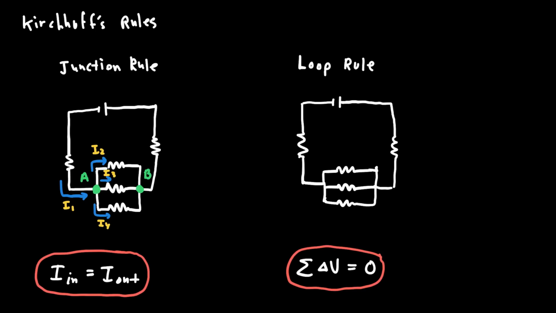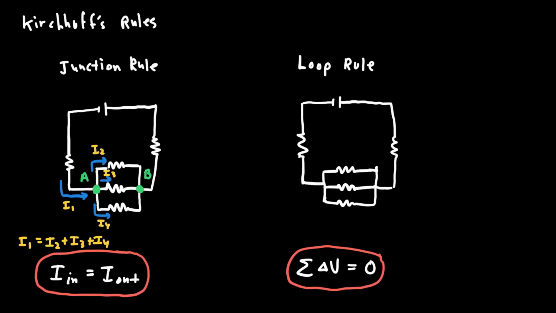And so the junction rule at point A could be applied to say that I1 equals I2 plus I3 plus I4.